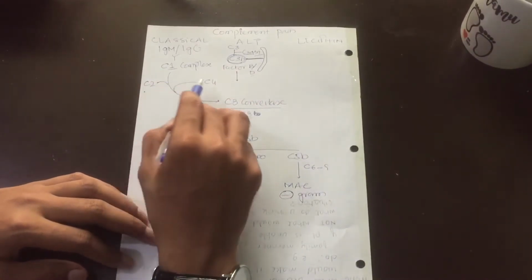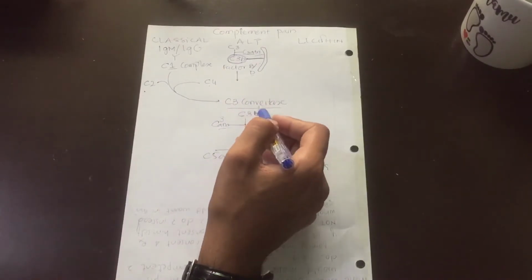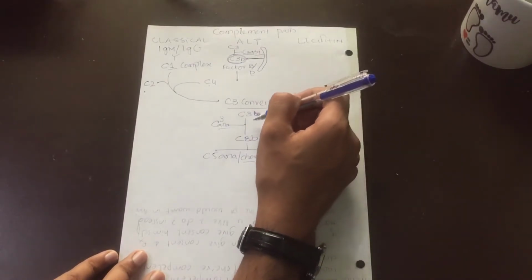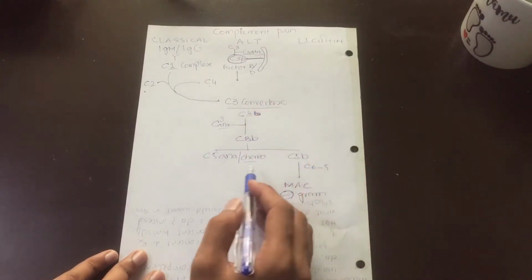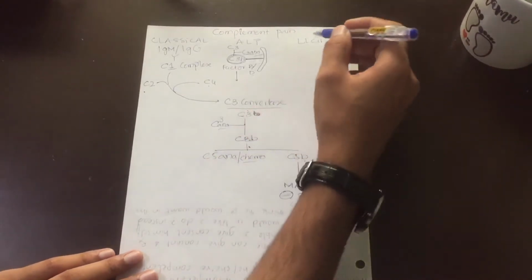C1, C2, C4 are converted into C3 convertase, and again the picture remains the same. C3 convertase converts C3 to C3b, which converts C5 to C5b and MAC.